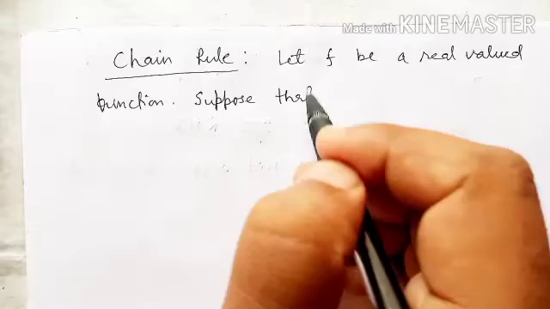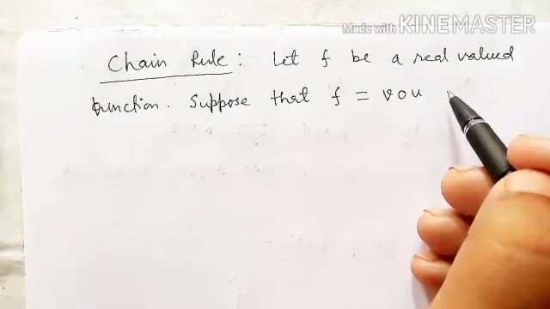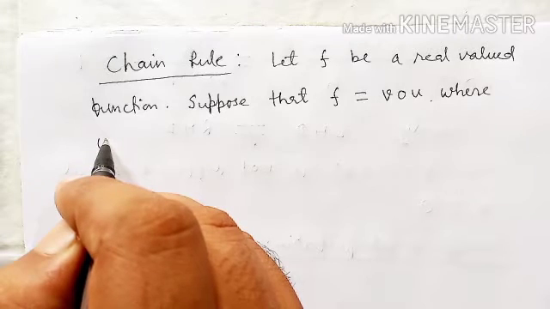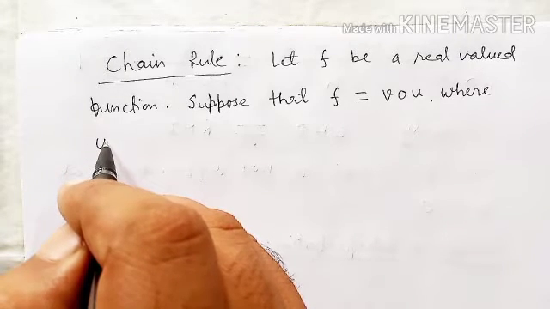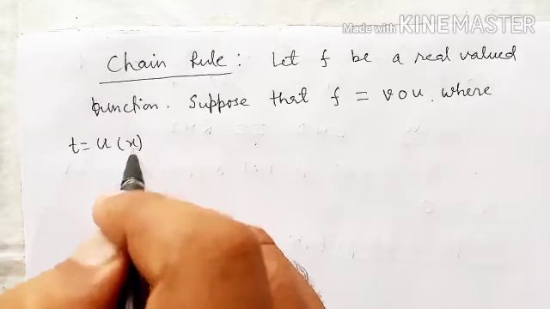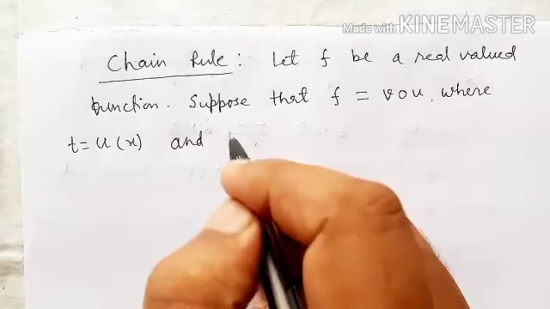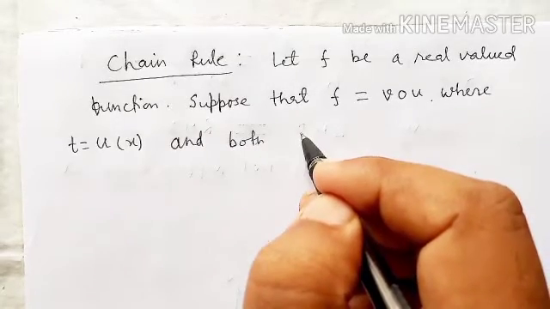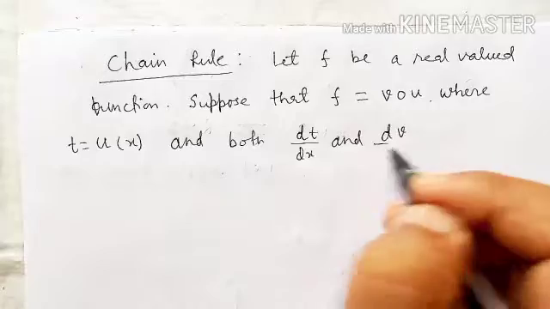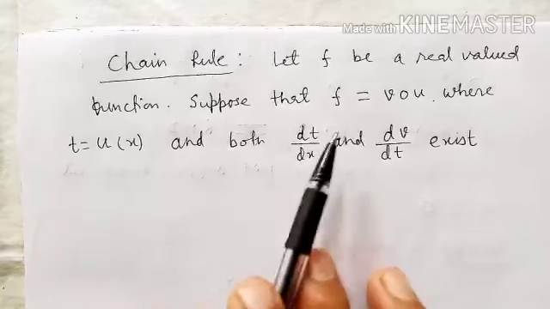Suppose that f is the composite of u and v, where t is equal to u(x), and both dt by dx and dv by dt exist. Dt by dx and dv by dt exist.